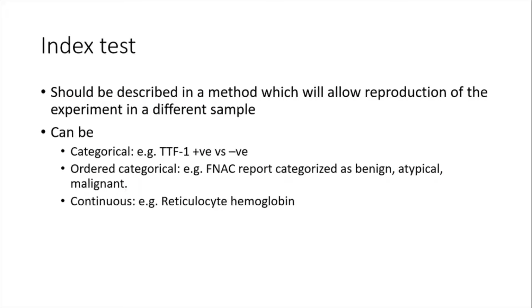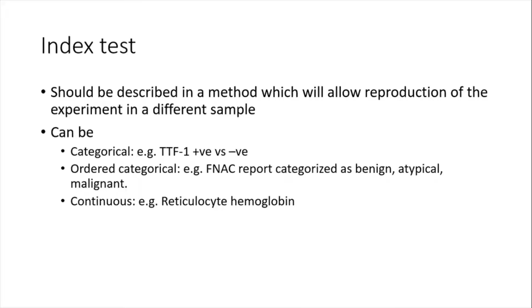Now, we have just talked about the index test. We should remember that the index test should be described in a method which will allow reproduction of the experiment. Another thing about the index test is we have to be clear what sort of a variable it is. Is it categorical? Is it ordered categorical? Or is it continuous? An example of categorical index test variable may be IHC TTF1 positive and negative.